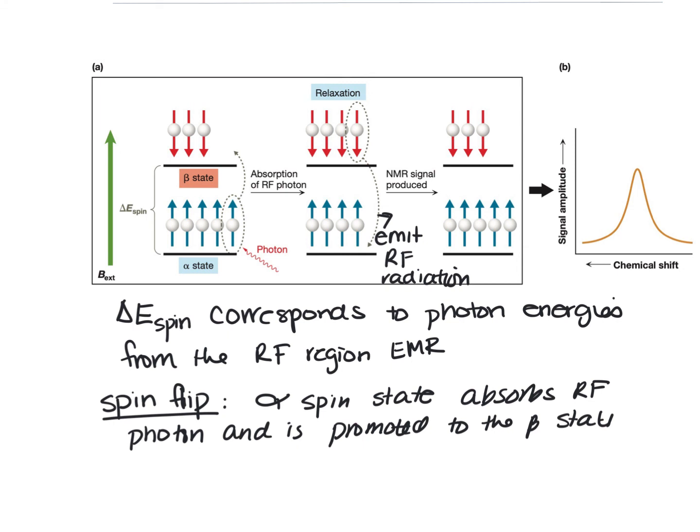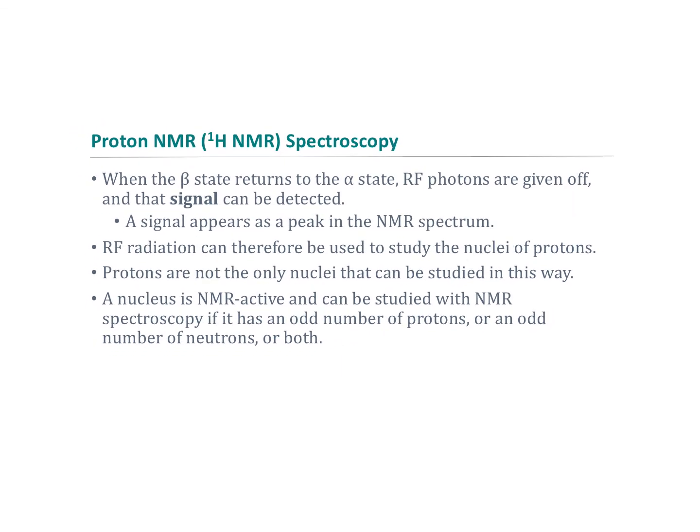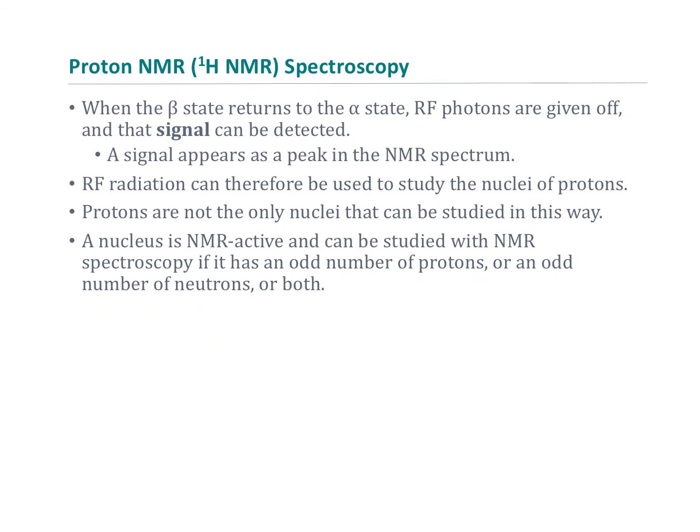By now, you should be able to understand why we can't get an NMR spectrum if we don't have a magnet. When the beta state returns to the alpha state, RF photons are given off, and that signal can be detected. The signal appears as a peak in the NMR spectrum. Because of this, RF radiation can be used to study the nuclei of protons.